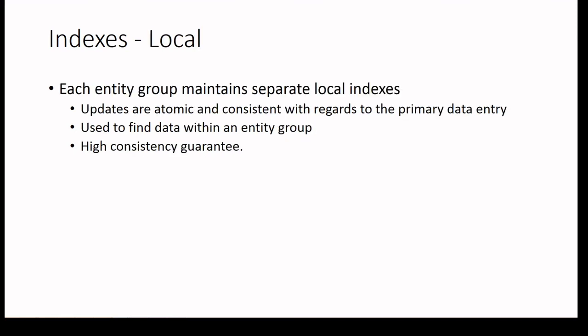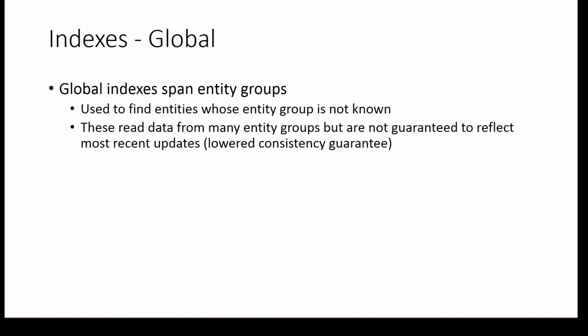So a local index is maintained per entity group, whereas global indices can span entity groups. They're used to find data from entity groups when you don't know which entity group maintains the data. So remember that maybe you've got John Smith and George Smith and many of these other people.